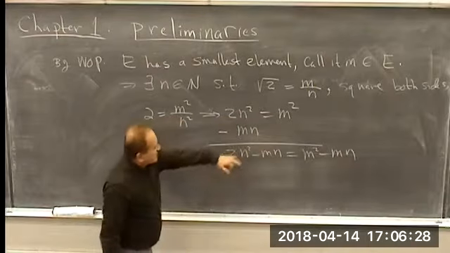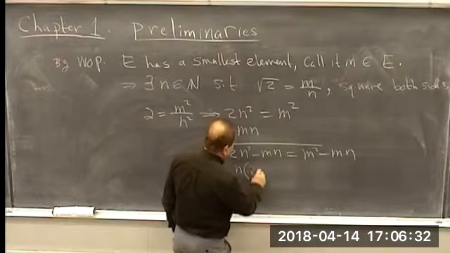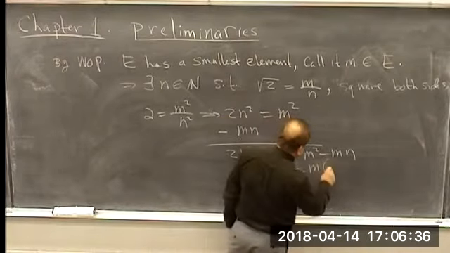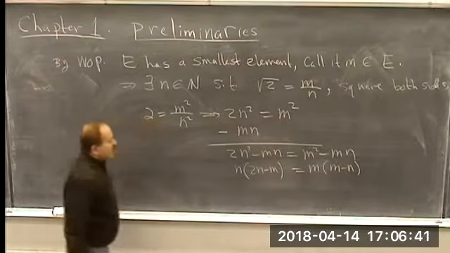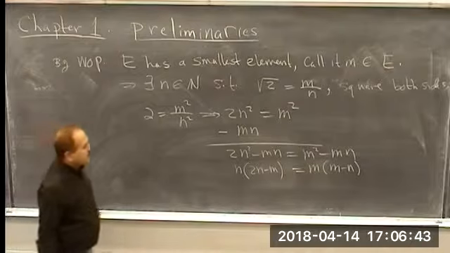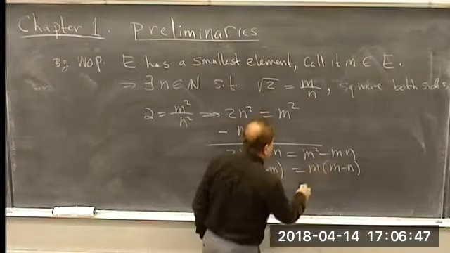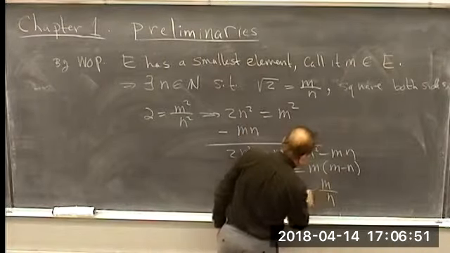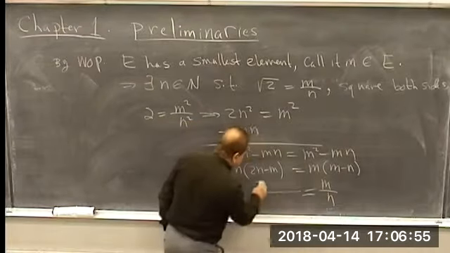I want to factor an n out of this. So this becomes 2n minus m, and this becomes factoring in m. And then I'm going to be dividing this one out to get actually m over n, rearranged basically, is equal to this.